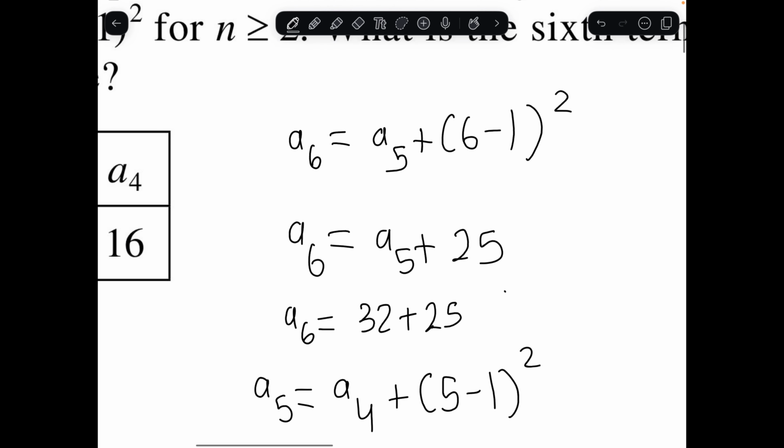On to question 41, which says, given that 1 is less than or equal to m is less than or equal to 4, 4 is less than or equal to n is less than or equal to 6, and 8 is less than or equal to p is less than or equal to 10, what is the greatest possible value for m over n times 1 over p?